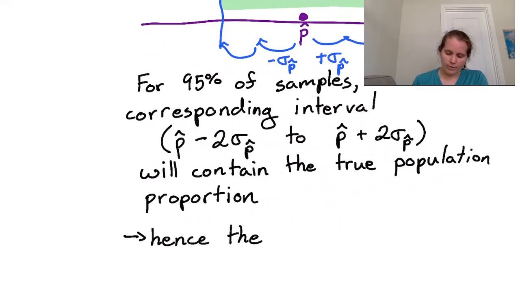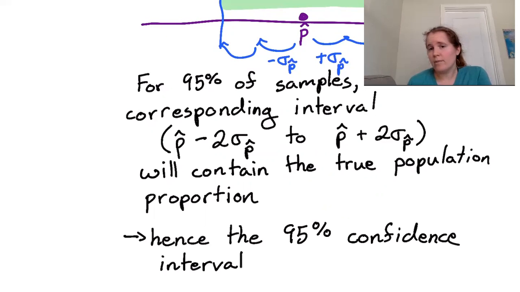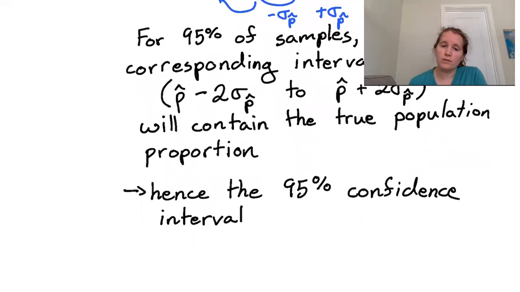Hence the 95% confidence interval. Because 95% of the time, our method of running this statistical study will produce a result that contains the true population proportion.